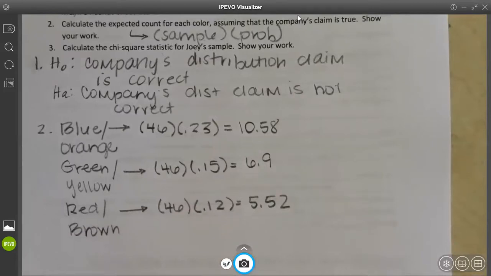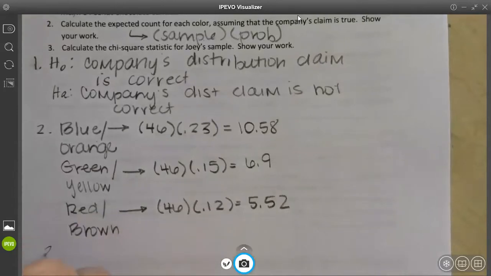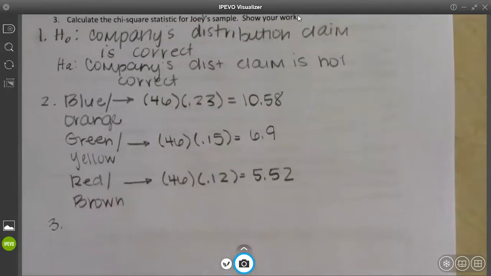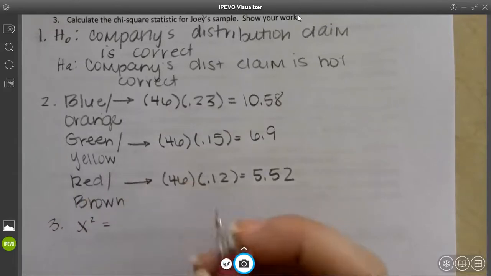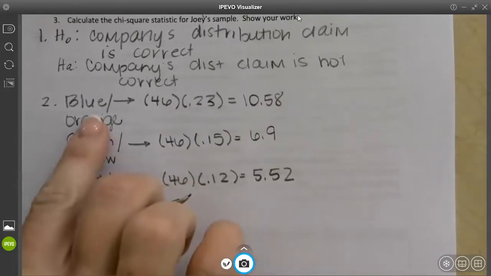Now realize when you do part 3, where you calculate the chi-square, you have to do this one twice, and this one twice. Got it? Do it twice. So remember our formula. We're going to do our observed minus our expected. So we're going to start with blue.